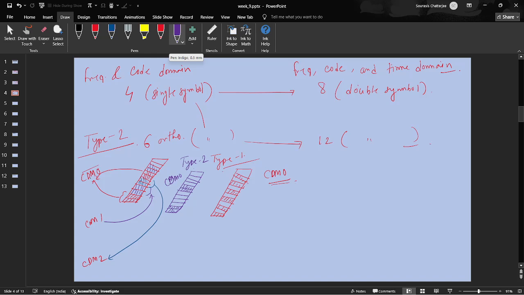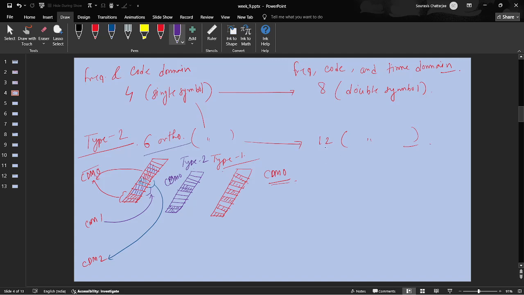Earlier you can only have CDM0 and CDM1 for type 1, and therefore you have 4 reference signals. But here, for this kind of structure with neighboring subcarriers, 2 subcarriers, you have CDM 0, 1 and 2, that is 3 groups. So in terms of code domain, there is the orthogonality of 2. In frequency domain, orthogonality of 3, because you can have 3 separate groups of non-overlapping subcarriers. So that's how you are able to generate 6 orthogonal reference signals for a single symbol.